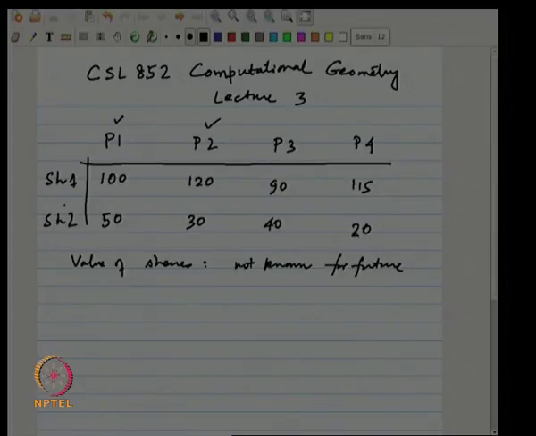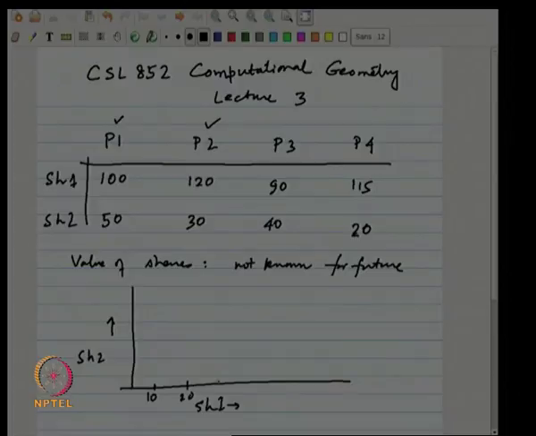So, I can draw this as a graph. Let us say this is share 1 and this is share 2. Let us say 10, 20, 30, 40, 50, 60, let us say about 100.